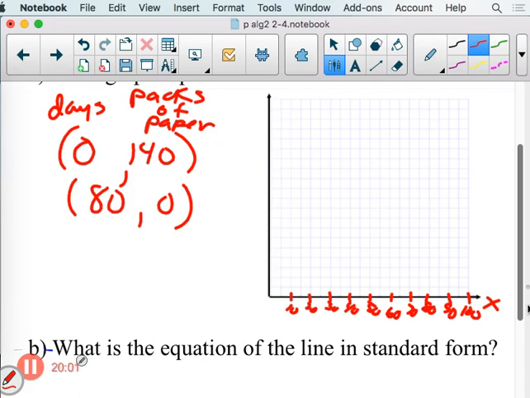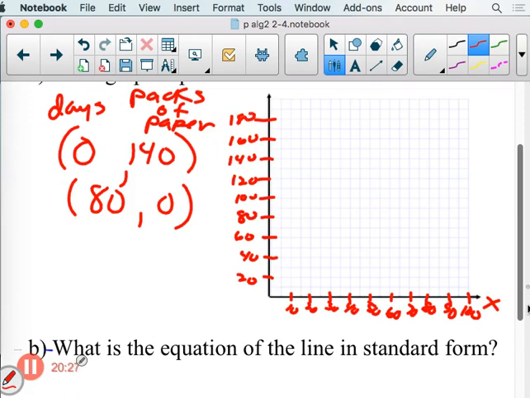So maybe I'll go by tens. So 10, 20, 40, 60, 80. Oops, 20 zeros. 100, 120, 140, 160, 180.